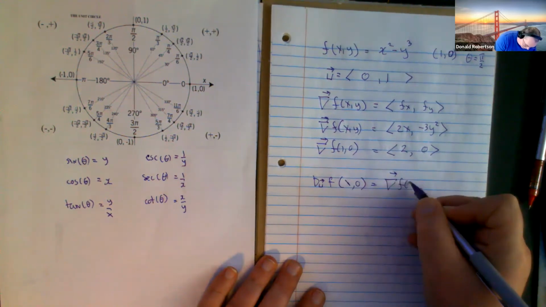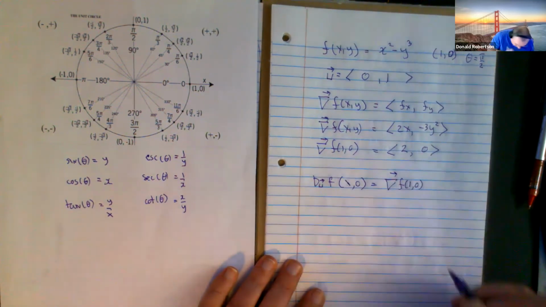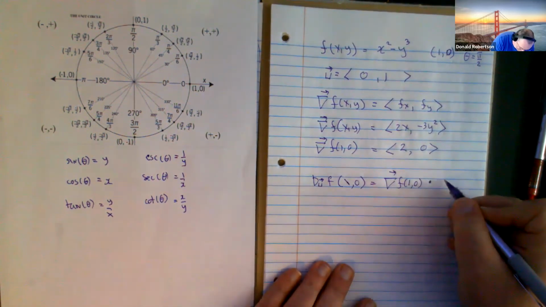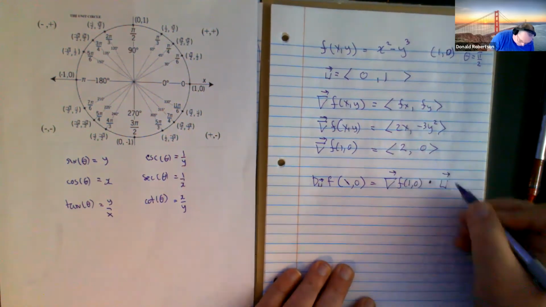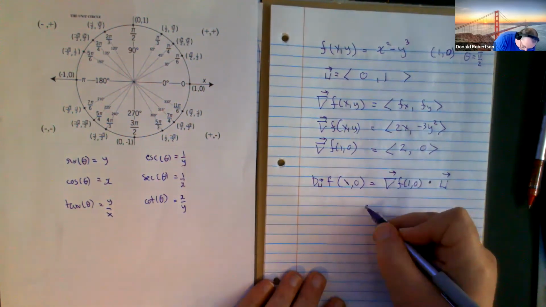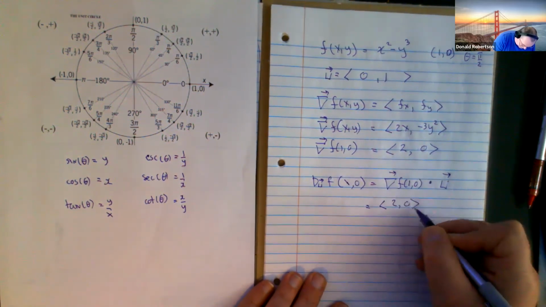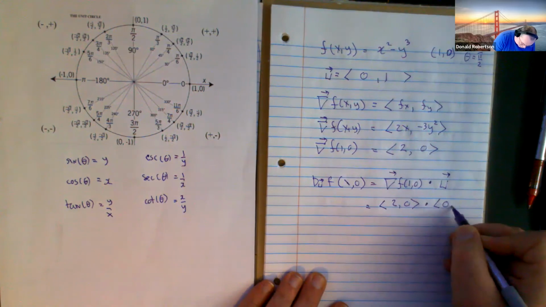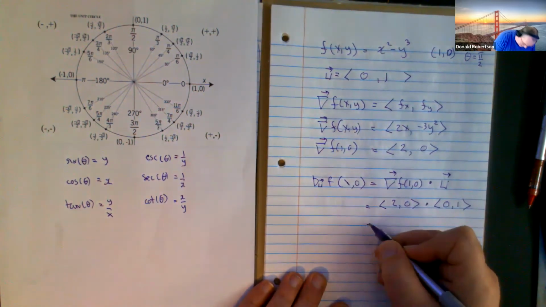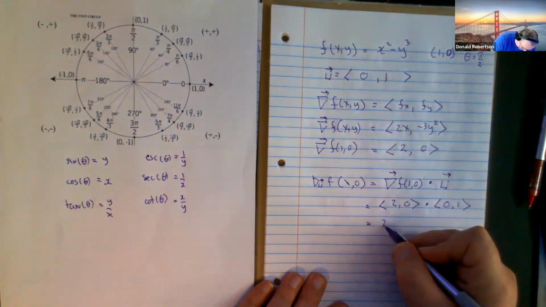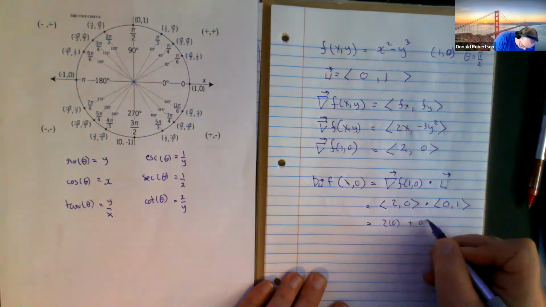And so the directional derivative of f at the point 1, 0 is the dot product of the gradient at 1, 0 with the unit vector in that direction. And so we are looking at (2, 0) dot (0, 1). And now I've got what I think is kind of interesting, which is what I was aiming for.